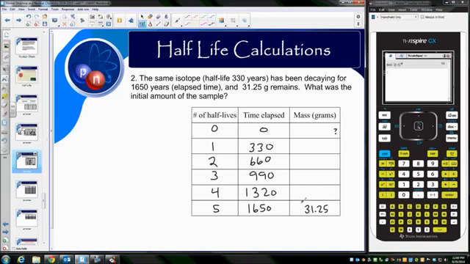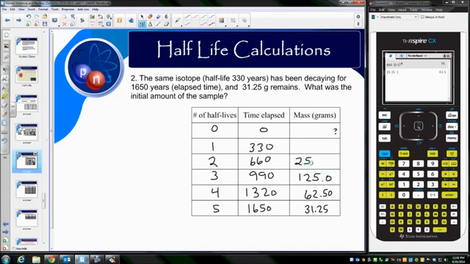Well, we could just simply double our final mass over each half-life to get our original mass, which is what we're going to do. 31.25 times 2. And you can do these in your head, absolutely. Gives 62.5. 62.5 times 2 is 125.